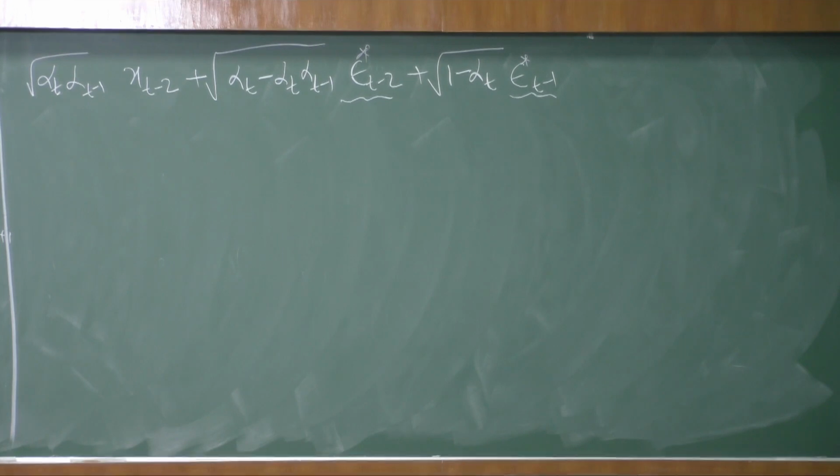So this will be a normal distribution with mean 0, and the variance will be the sum of the variances. The variance of this is equal to the variance of this plus the variance of this.